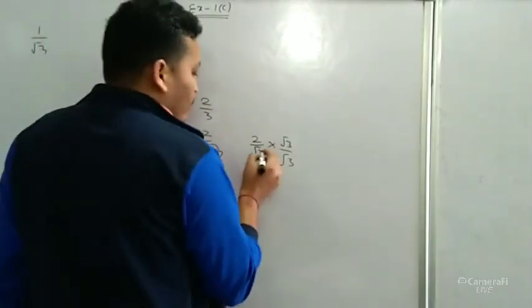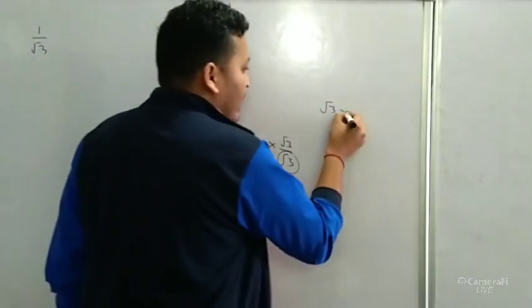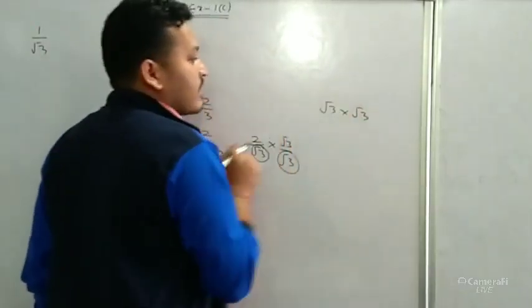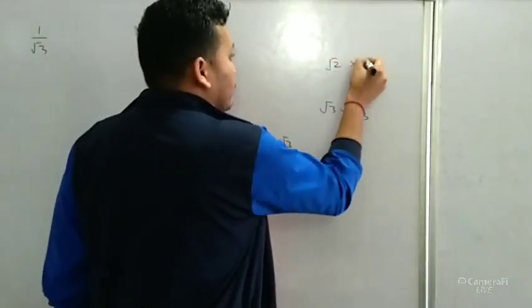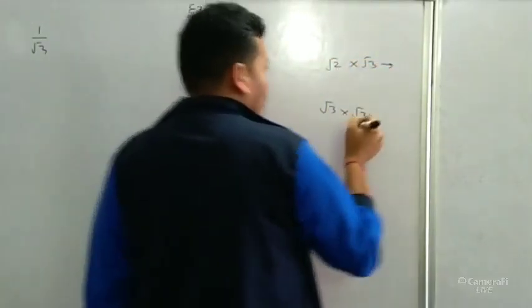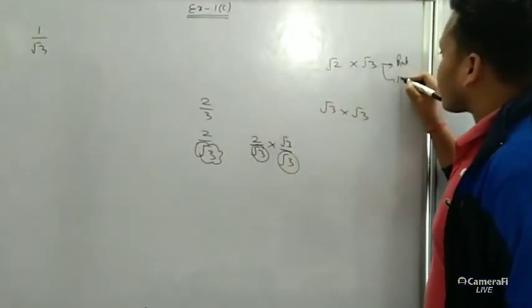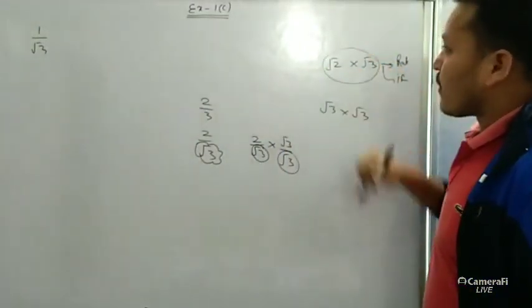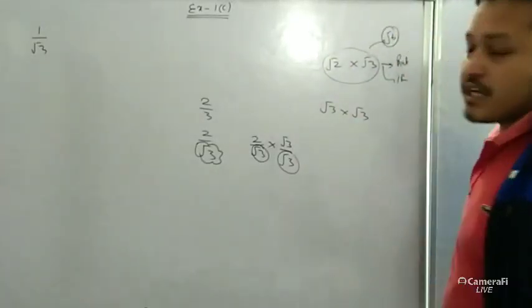Because the product of two irrational numbers may be rational and it may be irrational. Here, see, in this case what will the product be? Root 2 into root 3 is root 6, and root 6 is an irrational number.